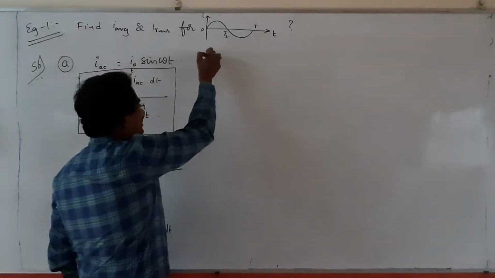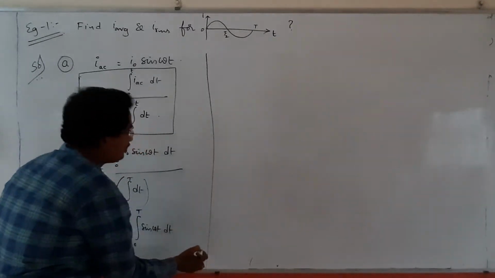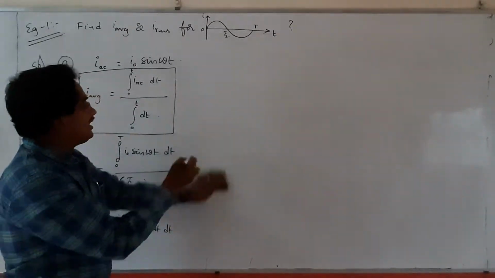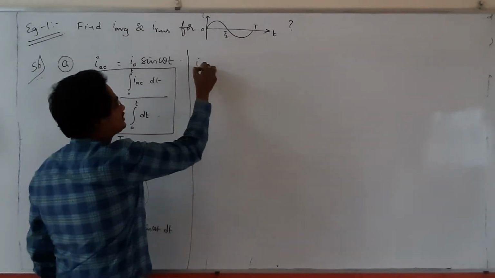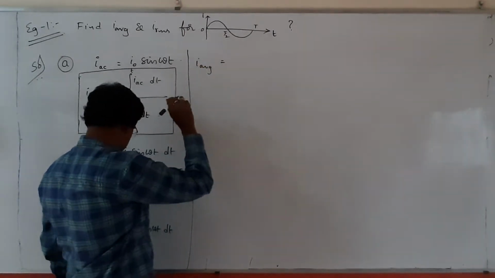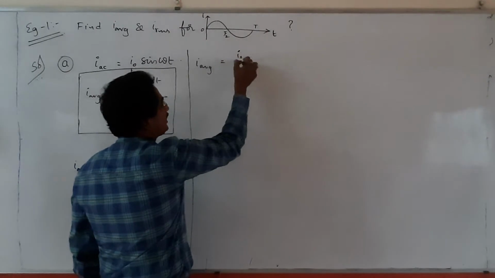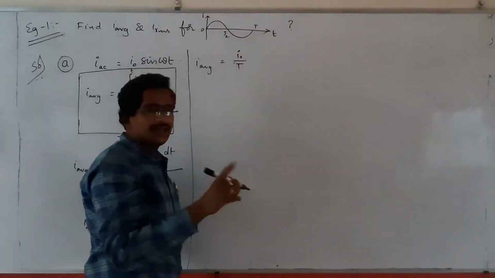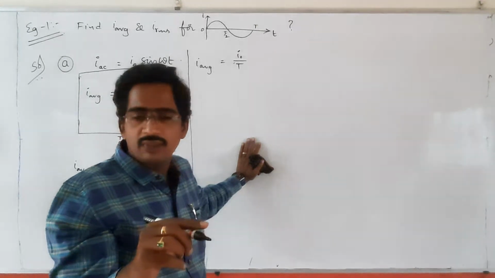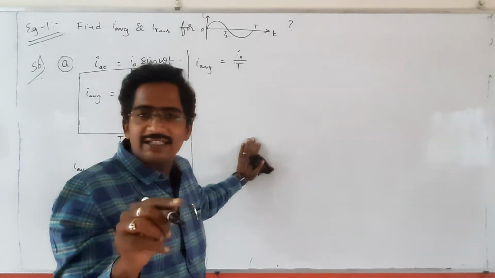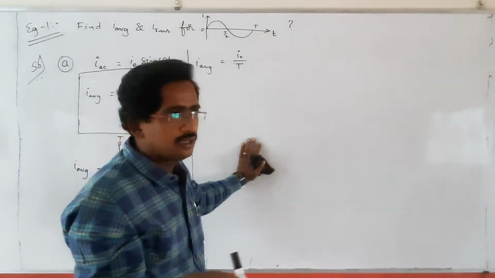How much are we getting then? I average equal to I naught by T into, what is integral sin kx dx? Integral sin kx dx means minus cos kx by k, right?